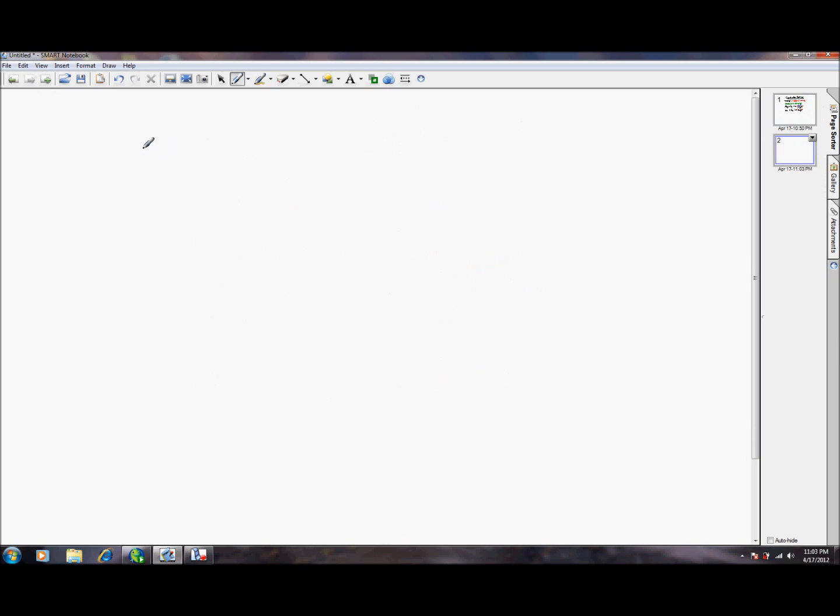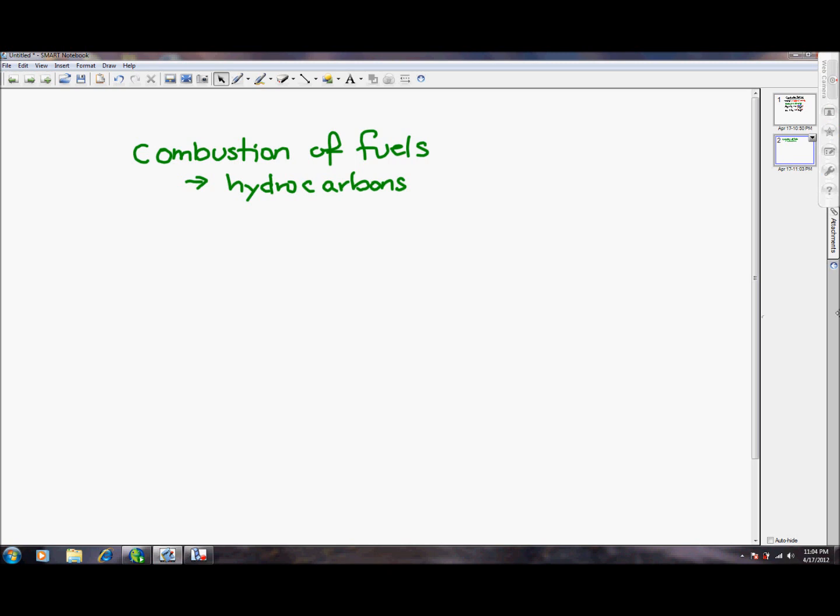Okay, the other type we're going to talk about is combustion of fuels. Most fuels are what we call hydrocarbons. Hydrocarbons are made of the element hydrogen, hydro, and carbon, C, in some format.